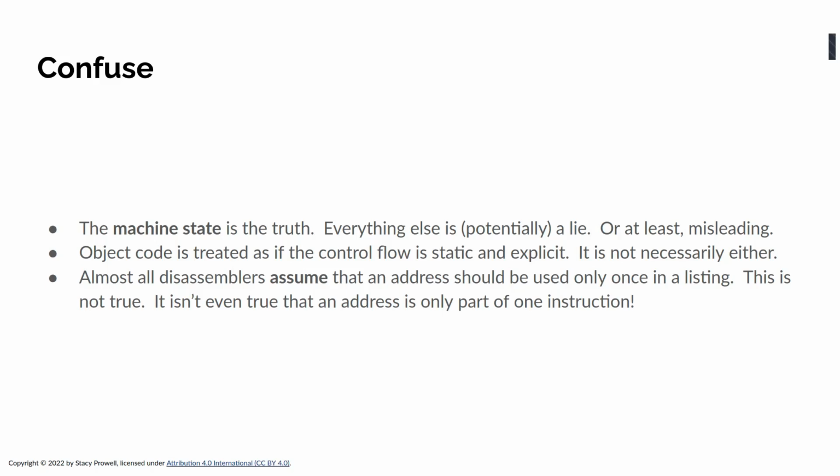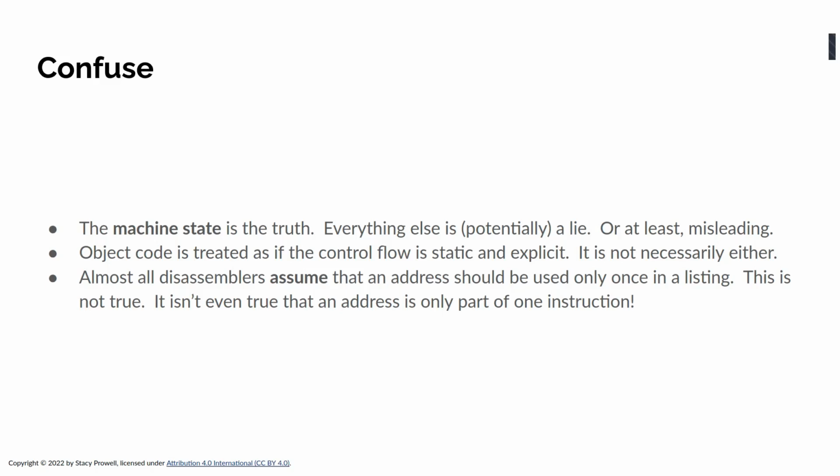And most disassemblers, this is the problem people have known about for decades, assume an address should be used only once in a listing. An address contains a byte. Fine, got that. And that byte doesn't change. Okay, it doesn't now because we have memory protection, but in the old days it could. And in fact, on some other platforms, it can.